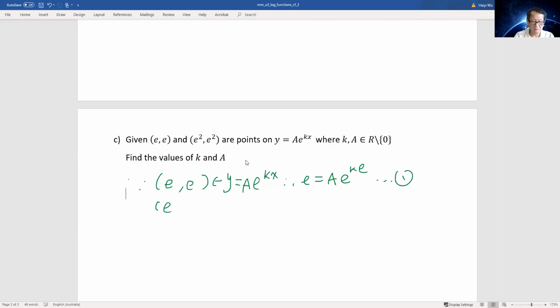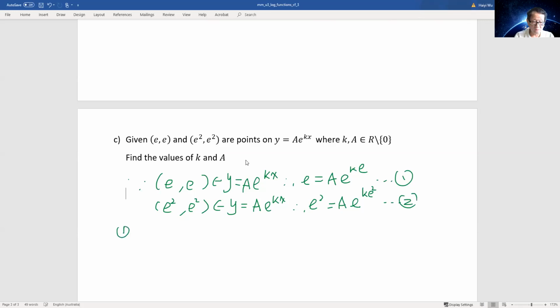Again, the same: e squared, e to the power of 2, is also on the graph. Therefore, e squared equals A e to the power of K e squared. So we call that equation number 2.